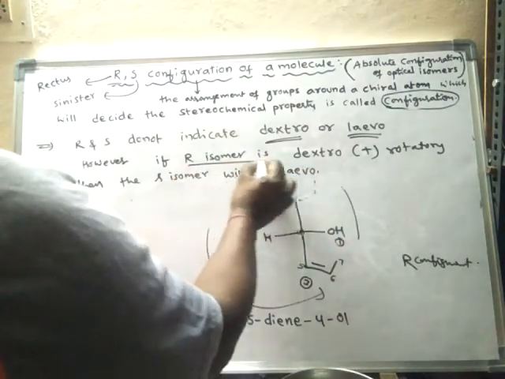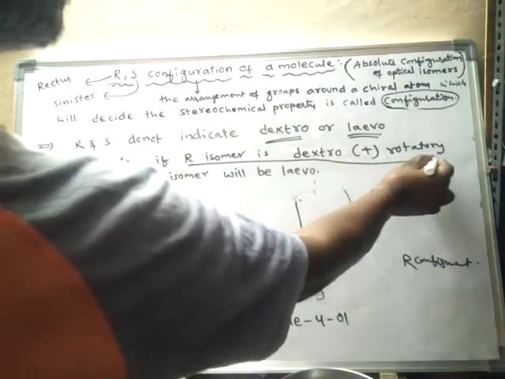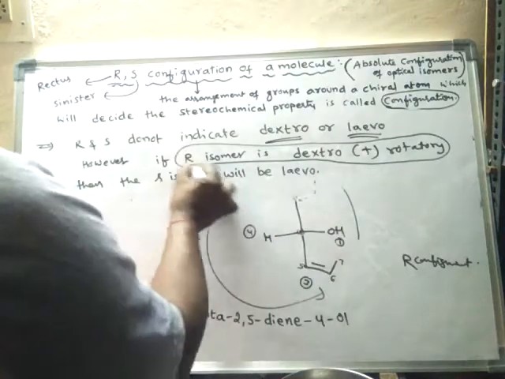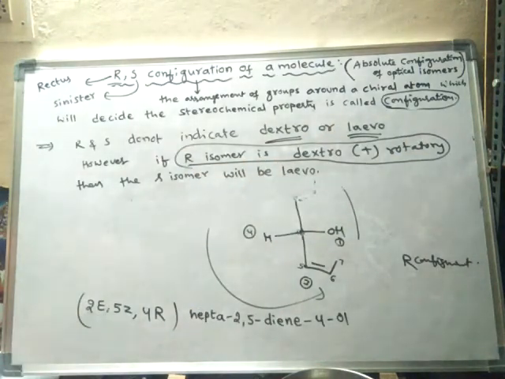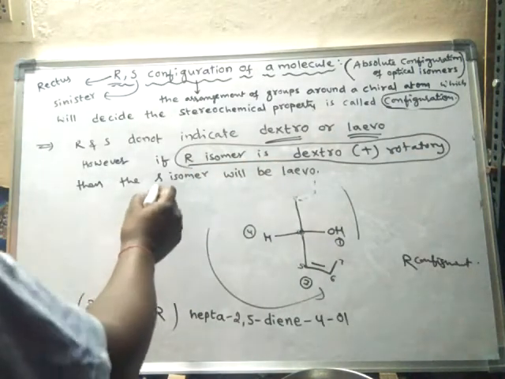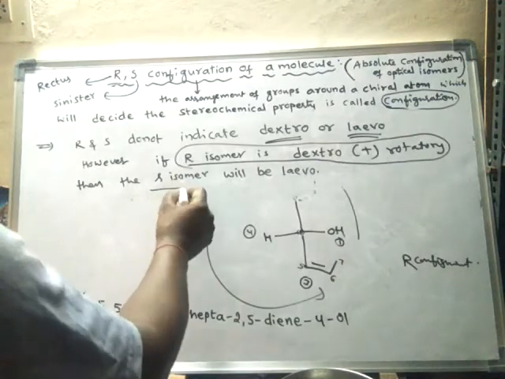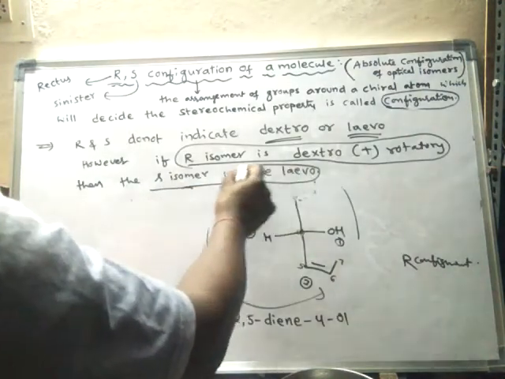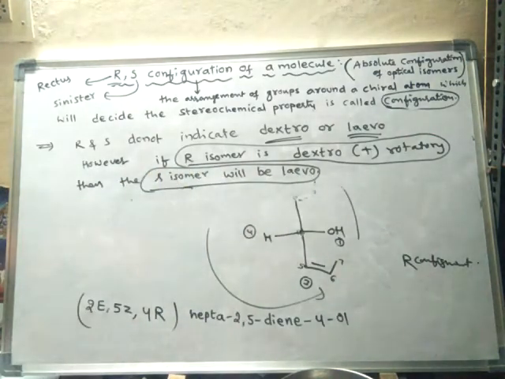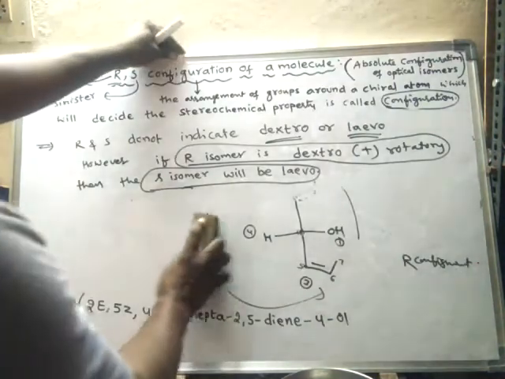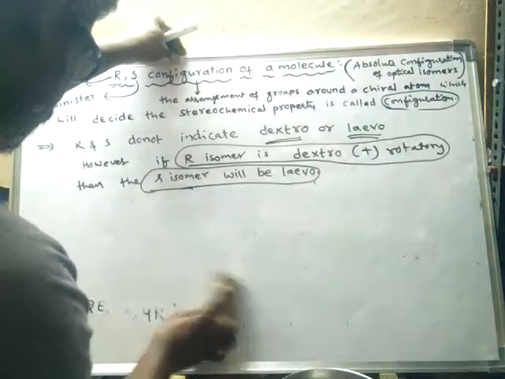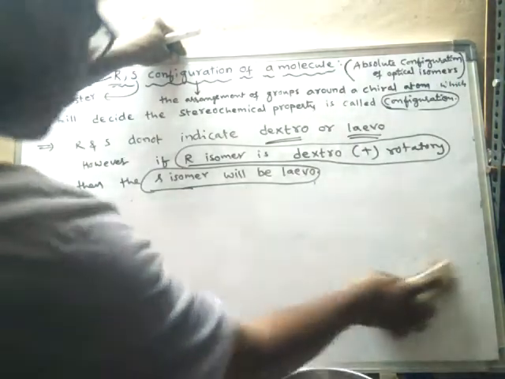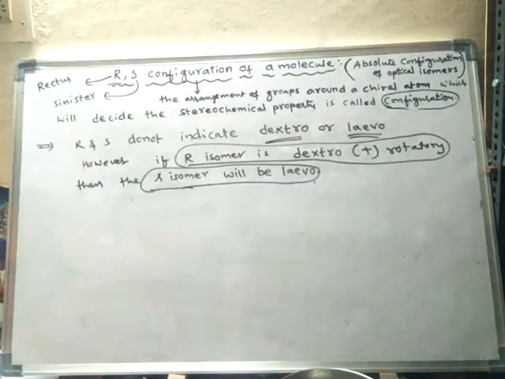So if R is determined experimentally as the dextro rotatory isomer, then automatically its S isomer will become the levo isomer. Okay, right? So we will learn the other concept in the next video.